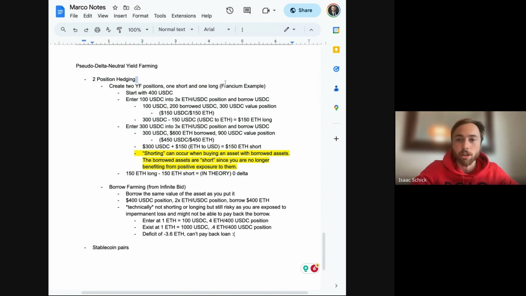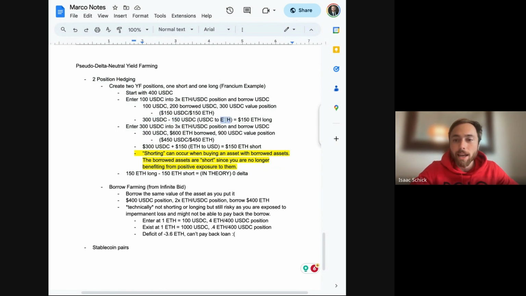And in Francium, you can decide which asset to borrow, either ETH or USDC. So now you have 200 borrowed USDC, and you have 100 USDC for a position with a total value of 300 USDC. Now, in order to make an ETH USDC position, you need ETH, obviously. So in order to do that, you're going to have to take 150 of your borrowed USDC and buy Ethereum.